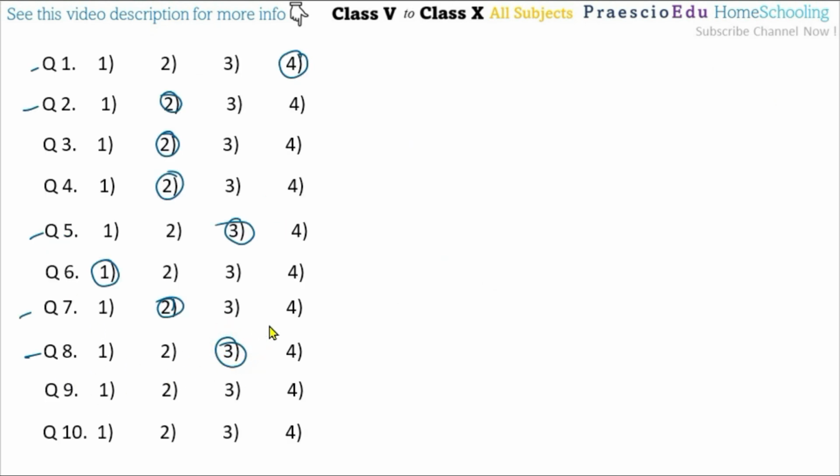Then question number 9. In an attendance register, Sangeeta is 10th from the beginning. So question number 9 we will solve here. In a register, that is in a column, so vertically this is from the top and this is from the bottom.